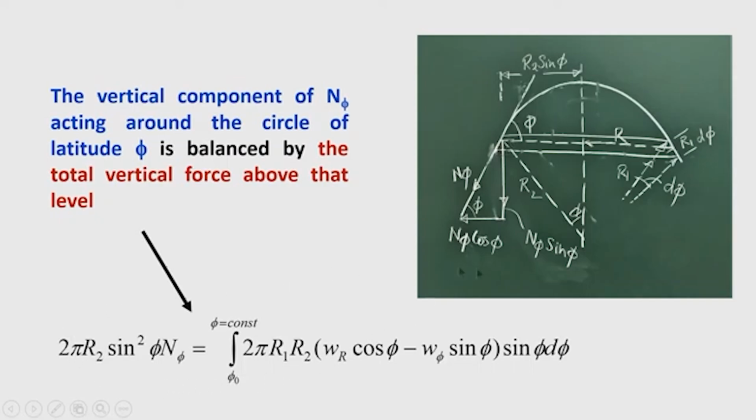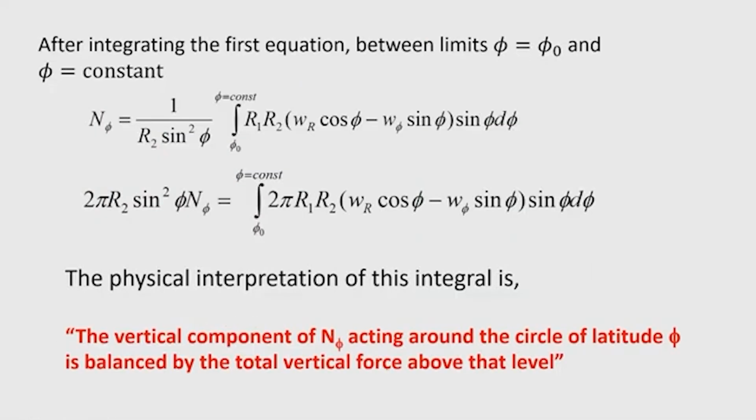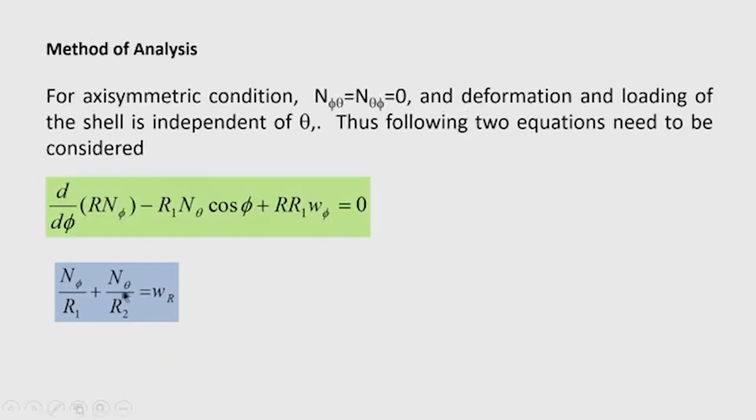This equation represents a force balance along the vertical direction. With the help of this physical meaning, that the vertical component of n phi at any level phi should be balanced by the total vertical load above that level, we can find the unknown stress component n phi. Once n phi is found, n theta can be calculated from the algebraic equation.